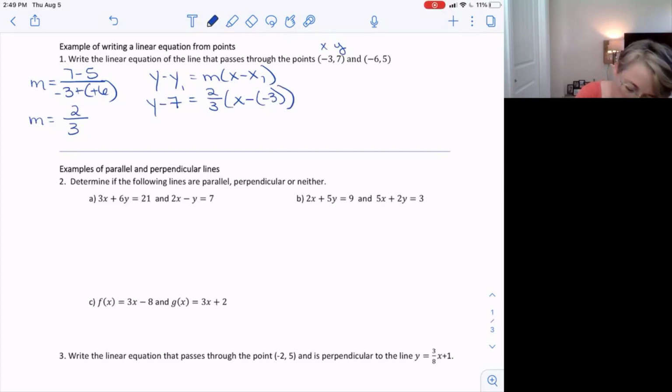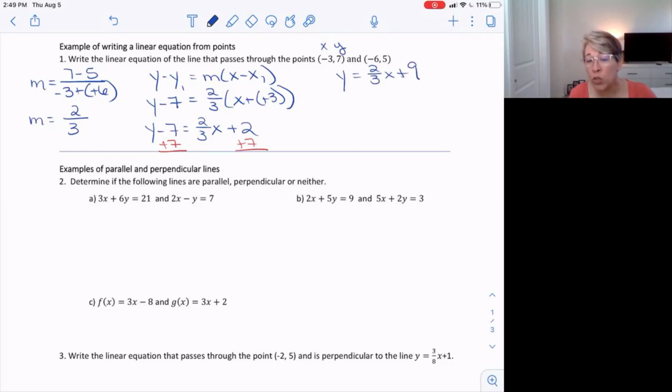Remember, minus a negative is plus a positive. So we get y minus 7 equals, when we distribute that 2/3, 2/3 x plus 2/3 times 3, we end up with a 2. Add that 7 to both sides. We get y equals 2/3 x plus 9.